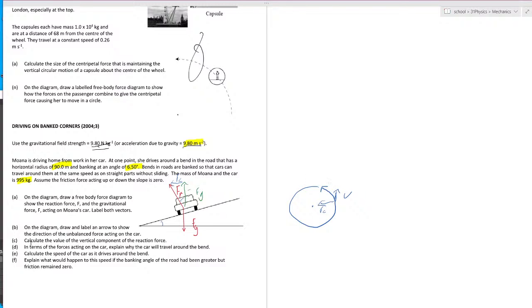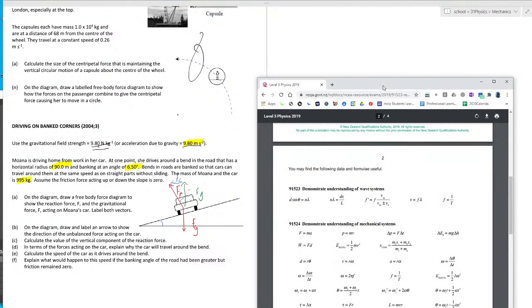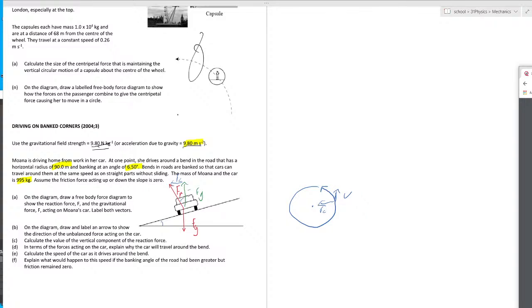Calculate the value of the vertical component of the reactive force. So that's easy. That's just our friend gravity. If we can't remember what it is, it's F equals ma, and a is the acceleration given by gravity. So F equals mass times gravity.